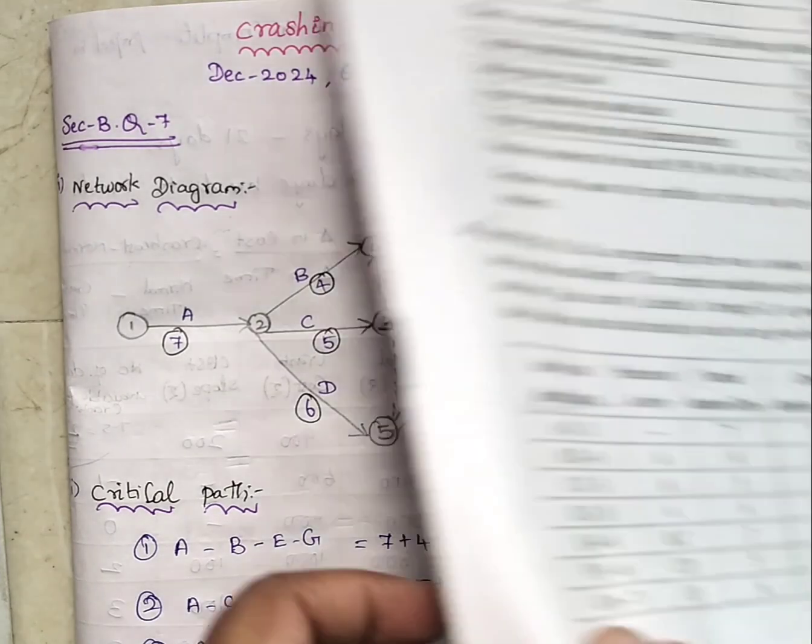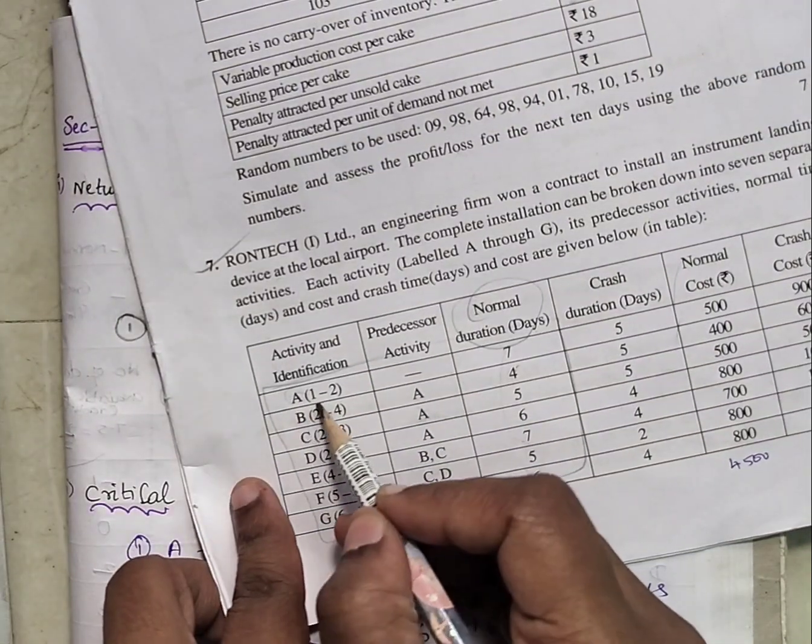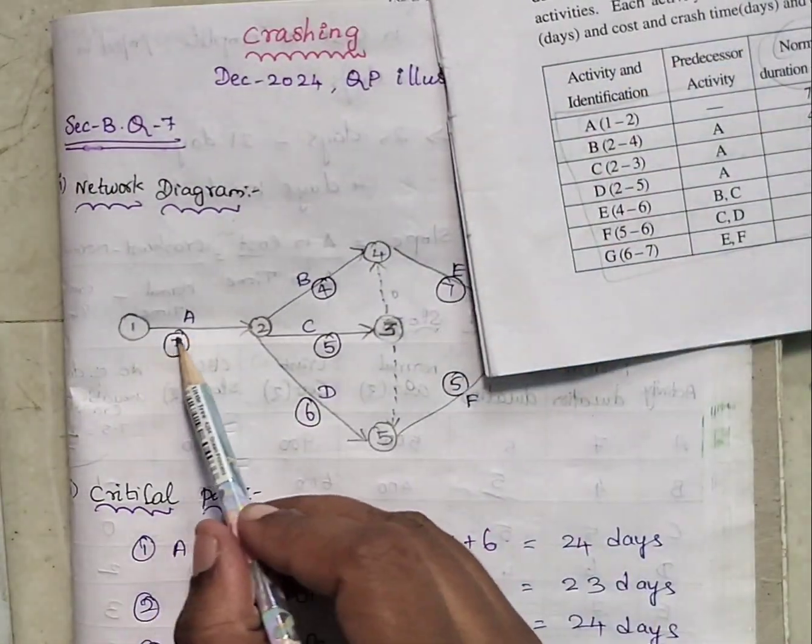Here, for activity A, the activity node is from 1 to 2.